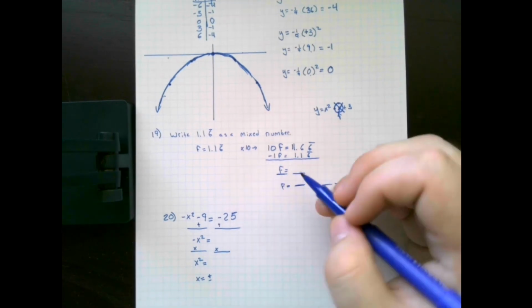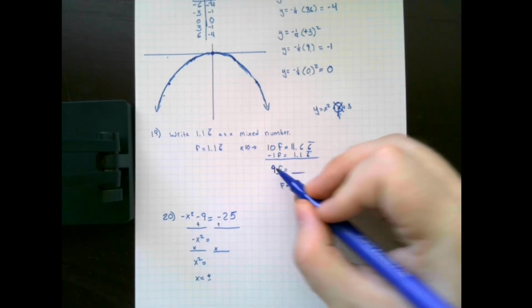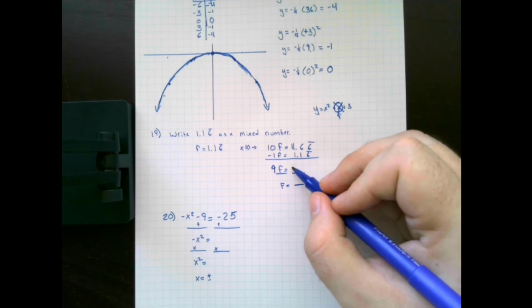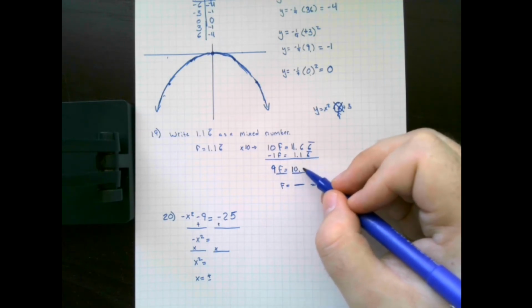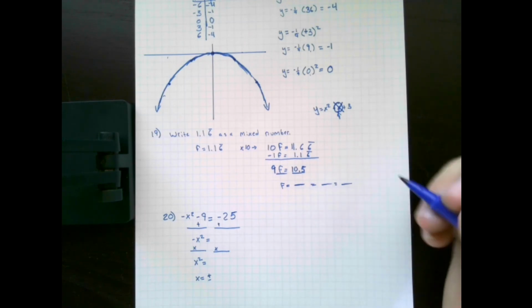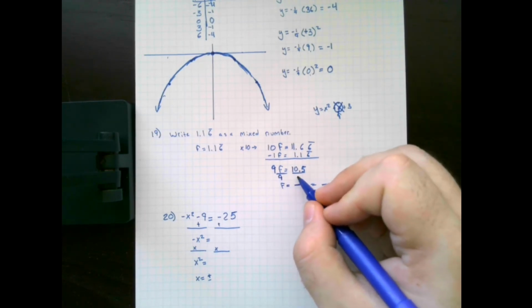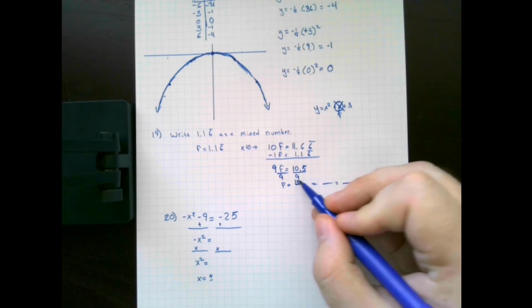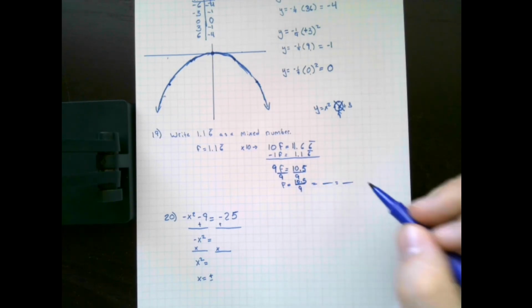Now, if we subtract the original equation, 10 minus 1 is 9, 11 minus 1 is 10, 6 minus 1 is 5, and the 6's will cancel out. We then need to divide by 9, which will give us 10.5 over 9.